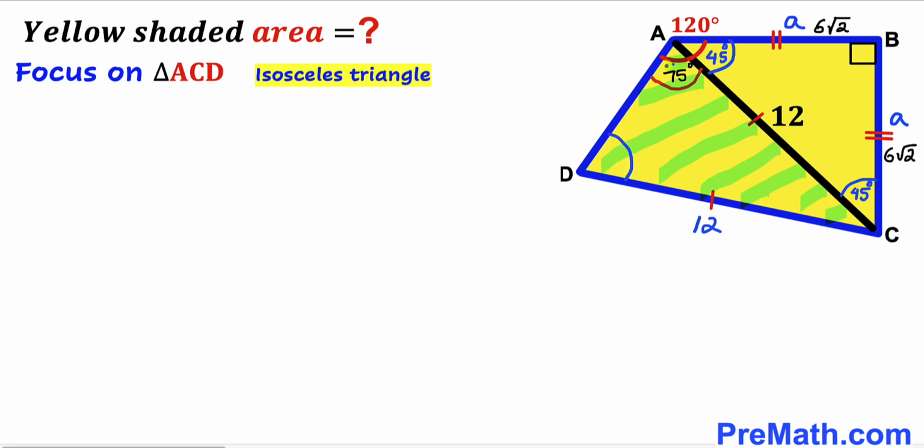We know this angle is 75 degrees, so this angle has got to be 75 degrees as well. Now we know in any triangle, the sum of the three interior angles is equal to 180 degrees. We know this is our 75-degree angle, likewise 75 degrees. So therefore this angle has got to be 30 degrees.